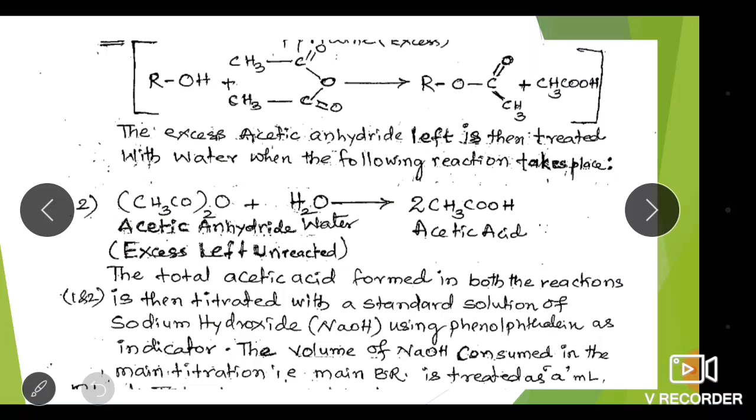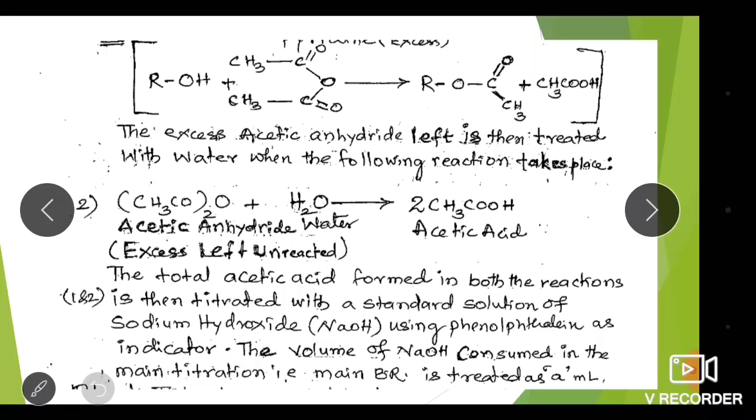That means first, we take a known quantity of the organic compound that contains the OH group and add acetic anhydride and pyridine. After refluxing we get the ester and the acid.